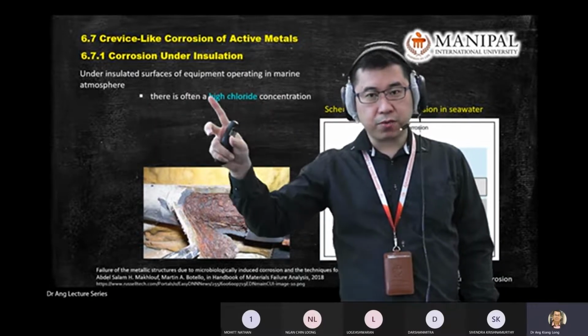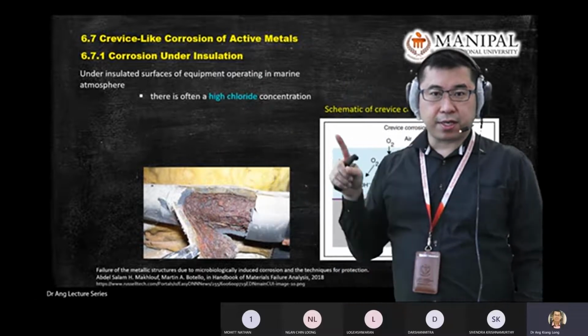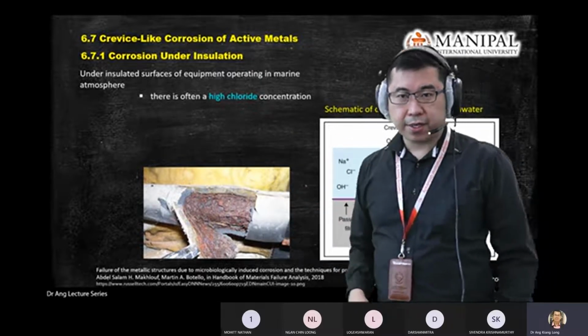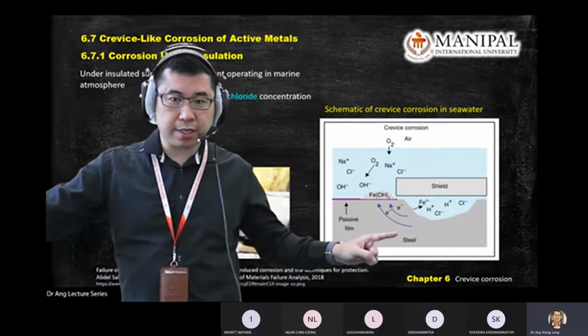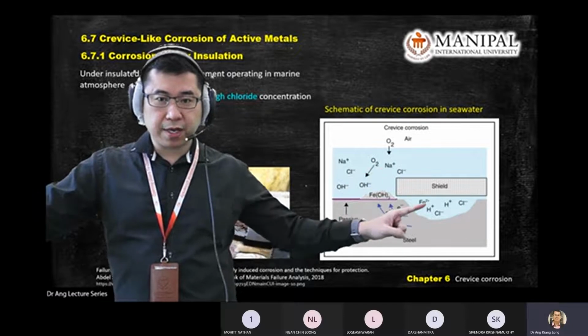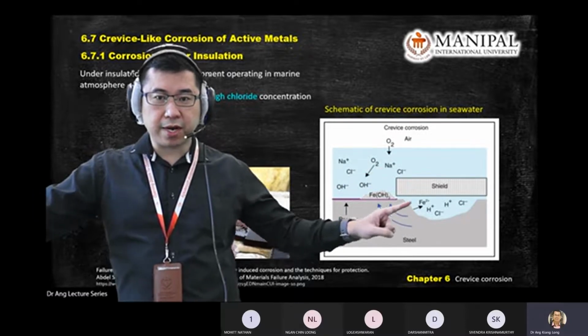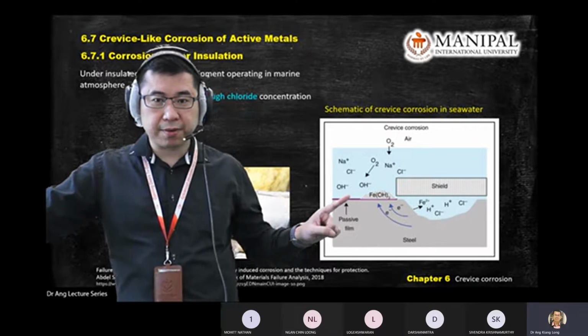It is linked with the seawater. Seawater has a high chloride concentration. Then crevice can happen. So this is a schematic diagram for the seawater. There is an exchange of ion and chloride between the steel and film.